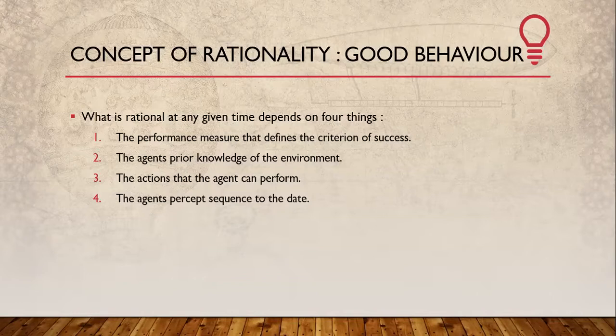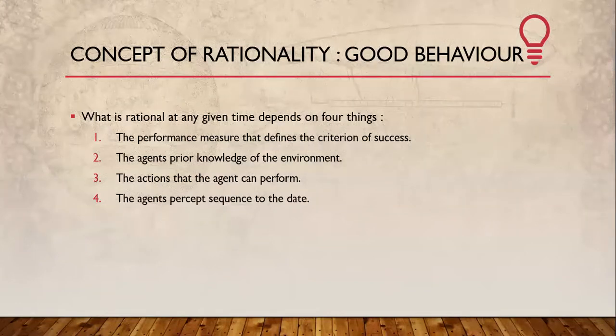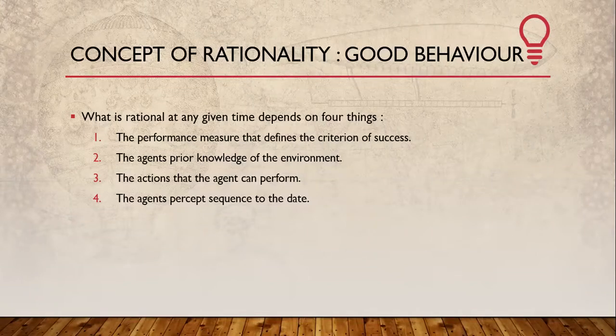But let's take a certain change in this example. For us the criteria of success is winning, and the performance measure the rational agent is given is time, which means the time consumption for taking the next step is very less. But what happens at the end is that the chances of winning are less, maybe out of 10, 5 are wins and 5 are losses.